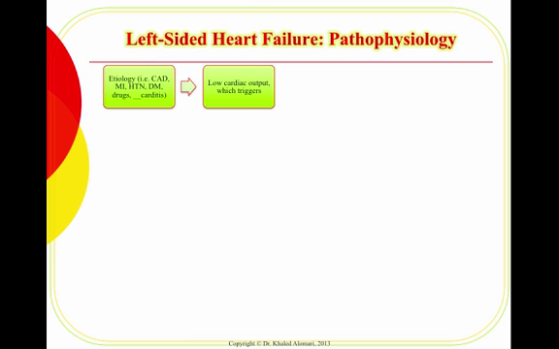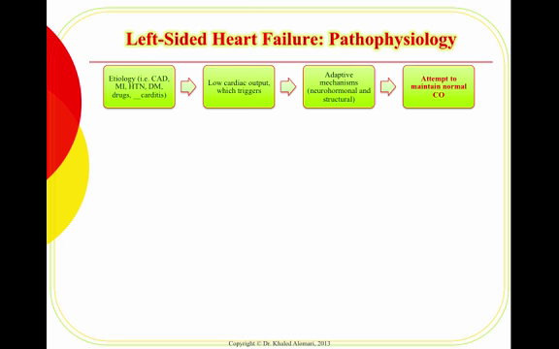Now, this low cardiac output will trigger the mechanisms of the body that are activated whenever there's a lack of perfusion as a result of low cardiac output. These mechanisms attempt to maintain the cardiac output within normal, and they include tachycardia as a result of increased stimulation, mainly from the sympathetic nervous system.